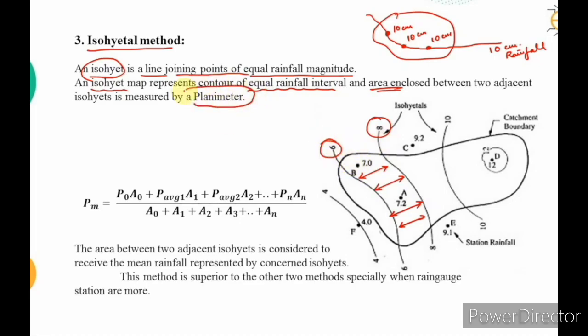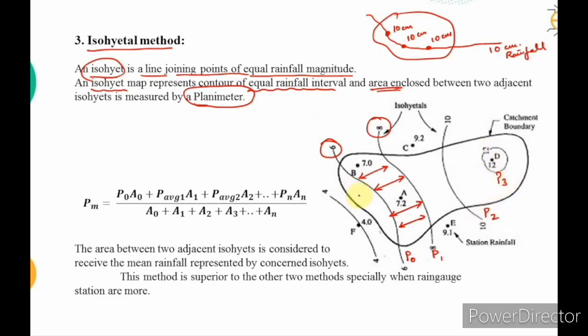Now let's see, we have different rainfall across the isohyets. The first isohyet line represents P0 rainfall, the second P1 rainfall, the next P2 rainfall, and the next P3 rainfall, and the area enclosed by a boundary is known as the catchment boundary.